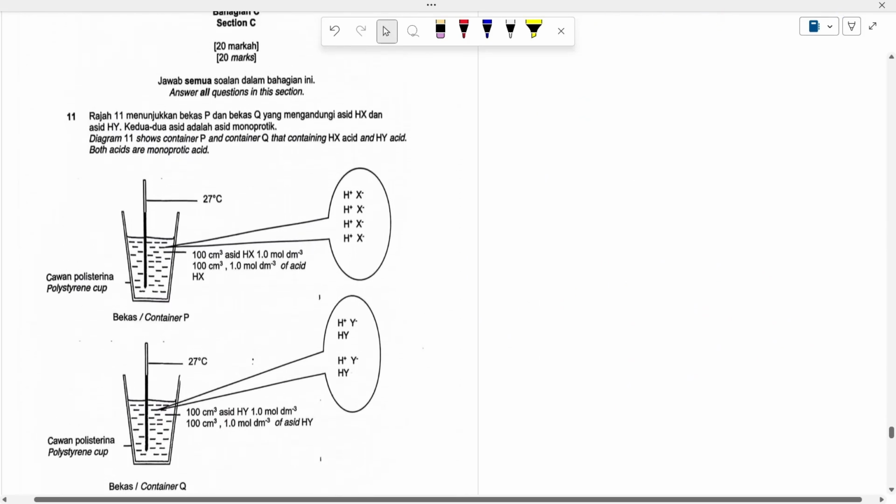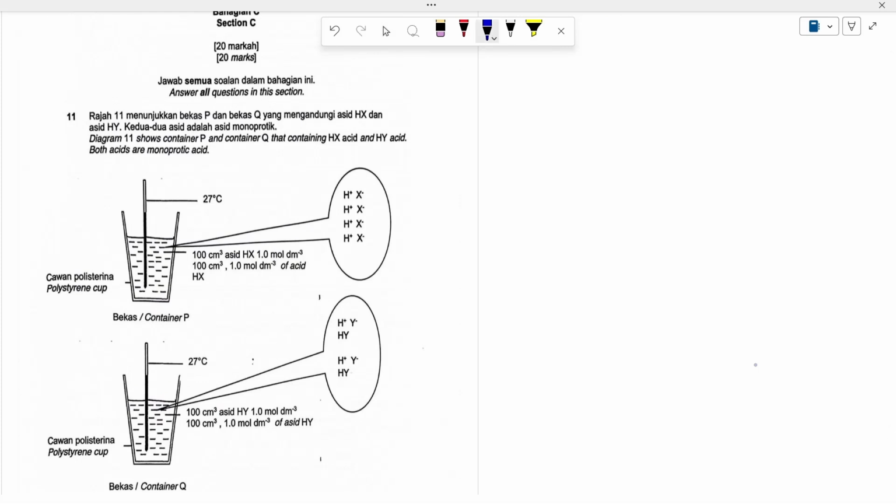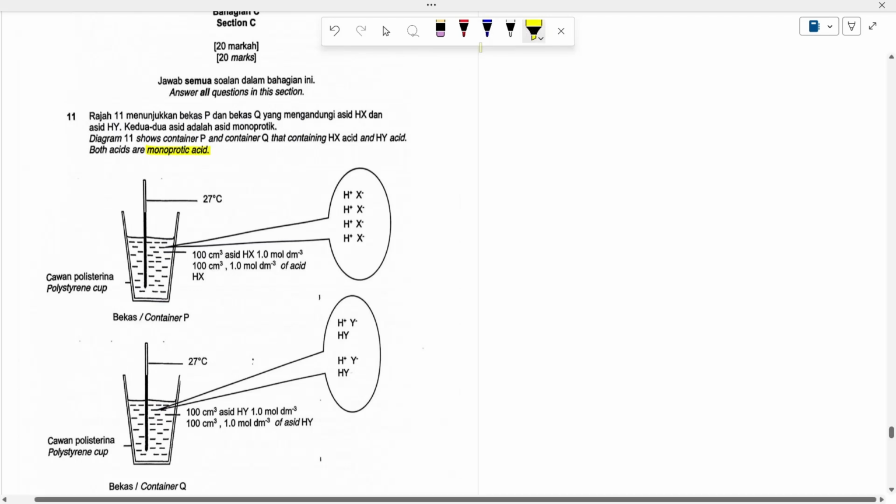Question 11. The diagram shows container P and container Q containing the acids HX and HY. Both acids are monoprotic acids. So the clue here is monoprotic acid: it produces one mole of hydrogen ions.